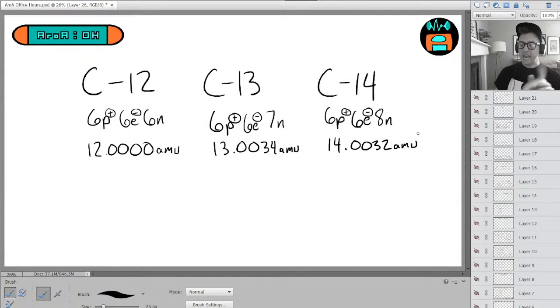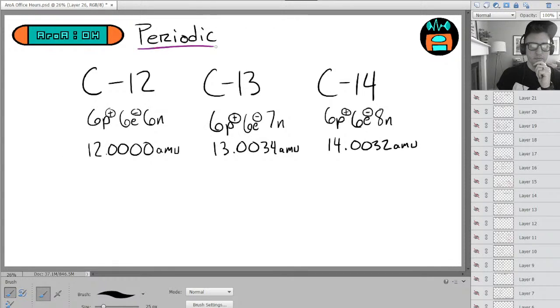All right, now, this is where things get a little interesting. So there are 3 isotopes of carbon, and they have 3 different masses. But when you look it up on the periodic table, if you bust out your periodic table and you're like, wait a minute, what is the mass of carbon?